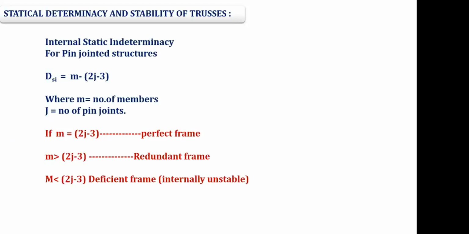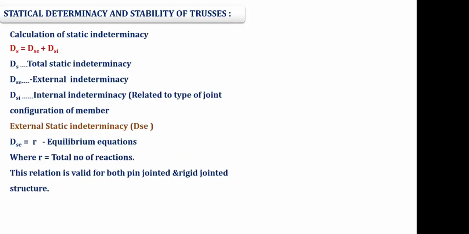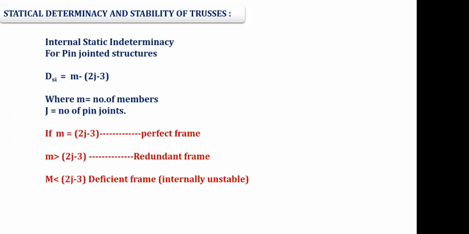Finally, the static indeterminacy for any type of truss is equal to the degree of external static indeterminacy plus the degree of internal static indeterminacy. The degree of external static indeterminacy equals the number of unknowns available at the support reactions minus equilibrium equations. When it comes to internal indeterminacy, DSI equals M minus 2J minus 3.